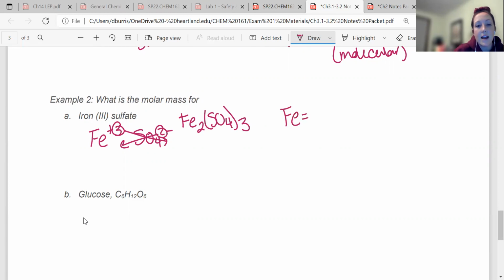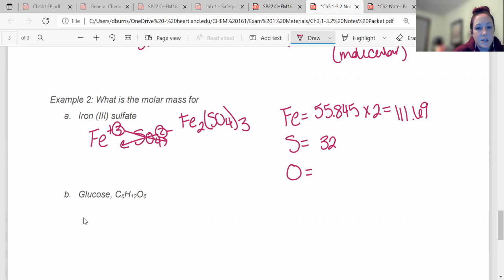So I need to find iron's molar mass, sulfur's molar mass, and oxygen's molar mass, and multiply them by however many I have. So iron, for example, is 55.845, and I have 2 of them because it has a subscript of 2. So that one's 111.69. Sulfur is 32.06 from the periodic table. I have 3 of them, so that would be 96.18.